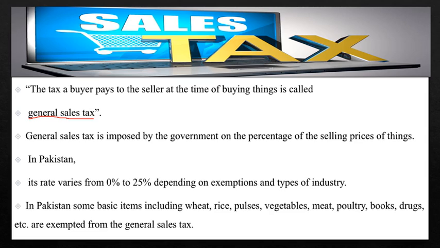In Pakistan, its rate varies from 0% to 25% depending on exemptions and types of industry. In Pakistan, some basic items including wheat, rice, pulses, vegetables, meat, poultry, books, drugs, etc. are exempted from the general sale tax.